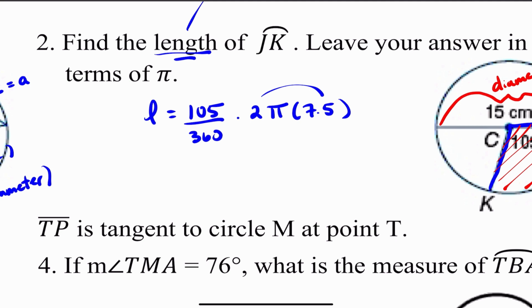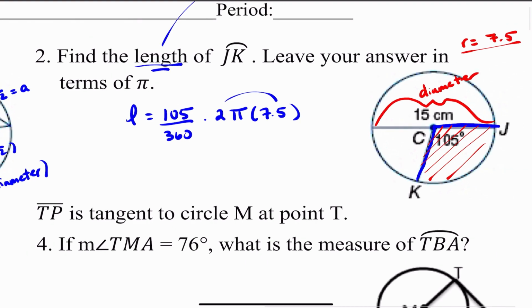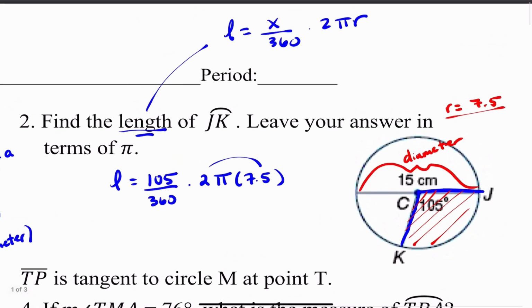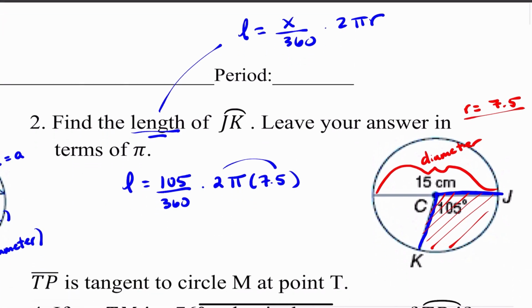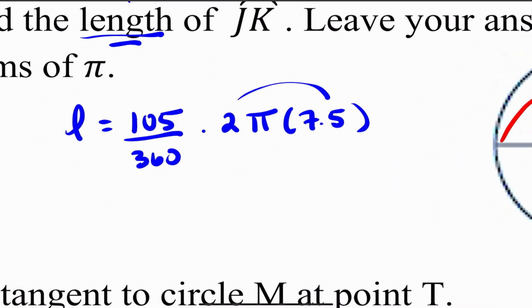Y'all, 2 pi r and pi d are the same thing. You don't necessarily have to divide by 2 in this case, but we're so used to having the formula as L equals x over 360 times 2 pi r, which is just a habit, and that's one of my habits. So really, you didn't have to divide by 2 to find the radius. You can just leave it as pi d.